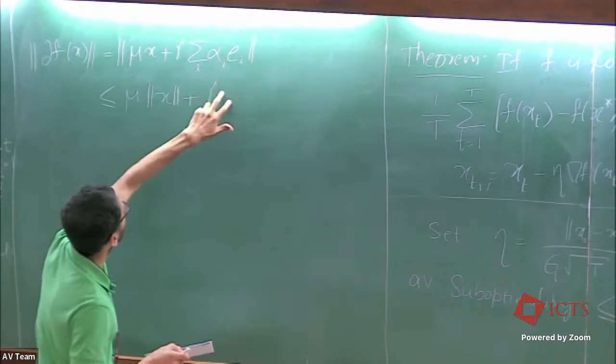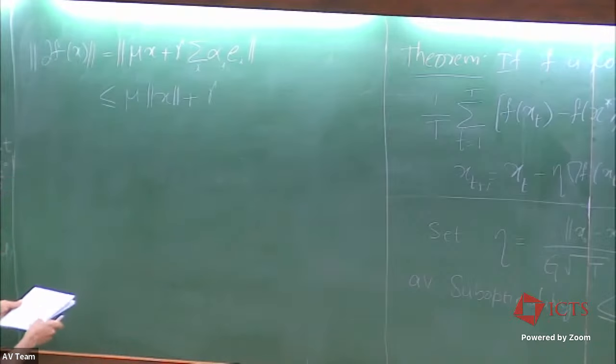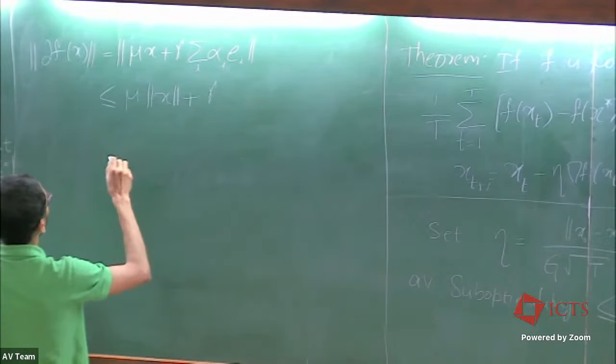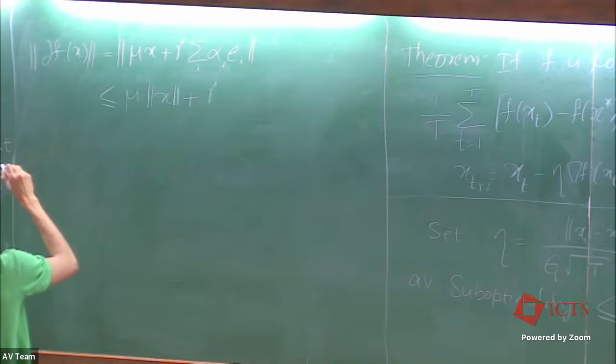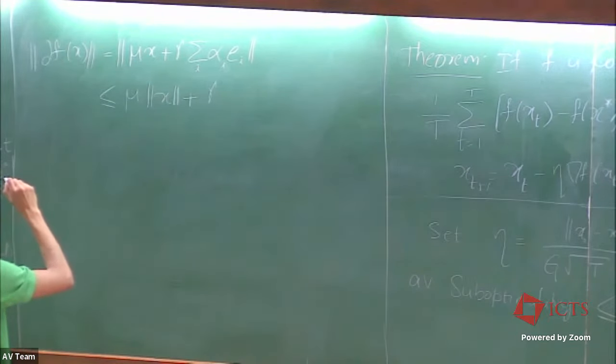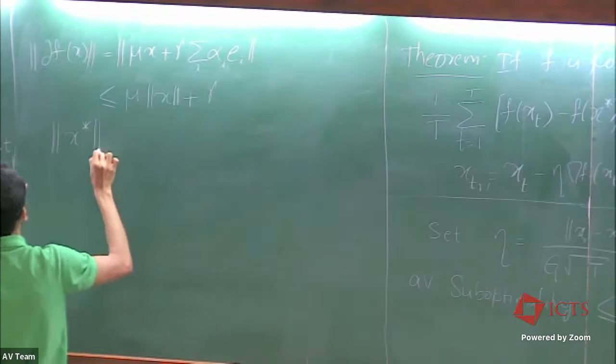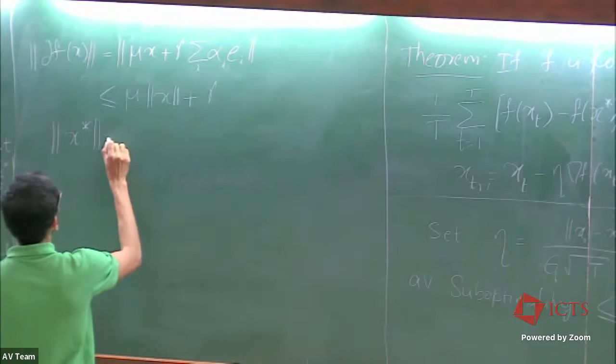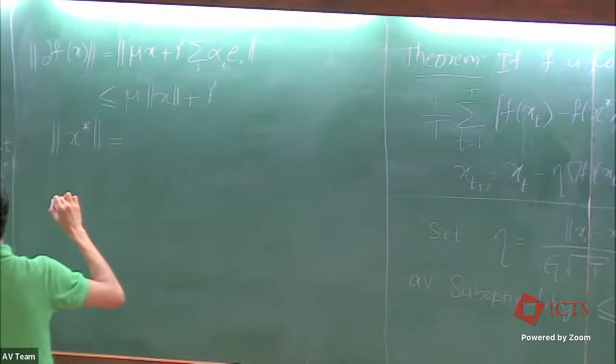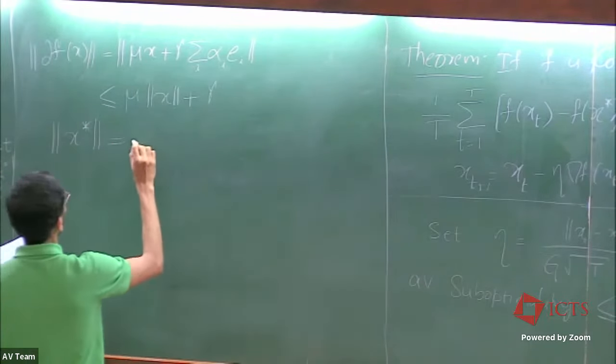So this we can get using just the triangle inequality. And what is the norm of x? We can just restrict ourselves to within the norm of x star. So the norm of x star is t plus 1, right?